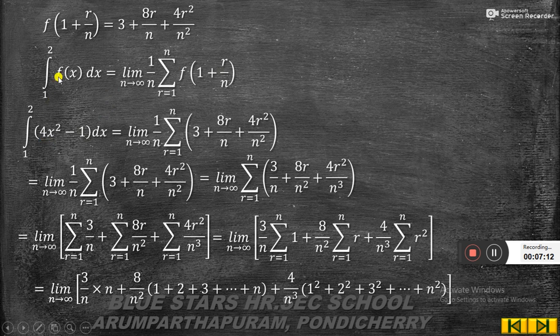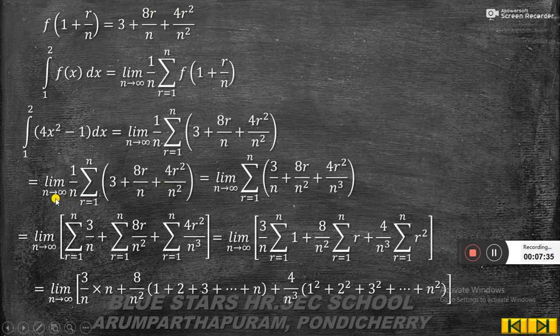So next step, f of x means 4x square minus 1. So the integral 1 to 2 of 4x square minus 1 dx equals the limit n tends to infinity of 1 by n summation r equal to 1 to n. That means this is f of 1 plus r by n, the answer is 3 plus 8r by n plus 4r square by n square. So I substitute 3 plus 8r by n plus 4r square by n square.